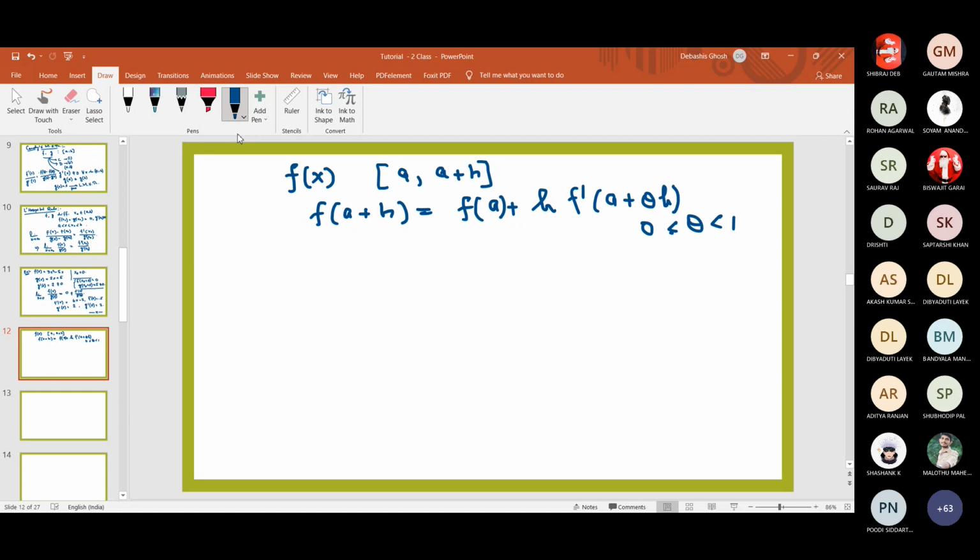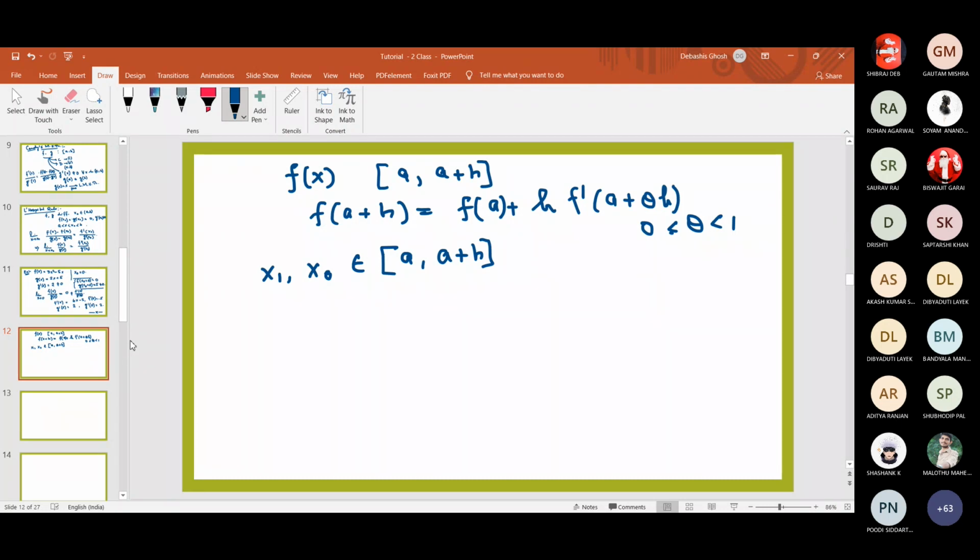Now if we change this interval, some points between them are x1 and x0, lying between a and a plus h. So we can consider x1 and x0 belonging to the interval a to a plus h. Then we can also apply the Lagrange's mean value theorem to this function between the interval x0 and x1.